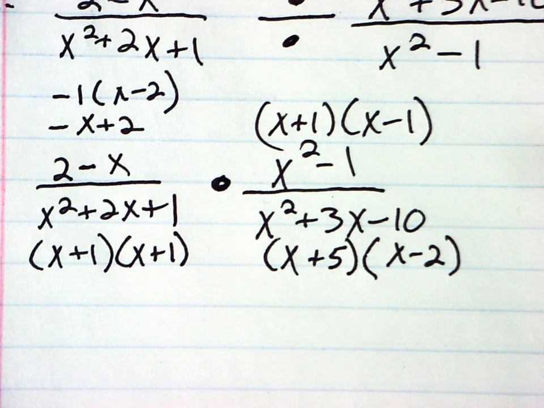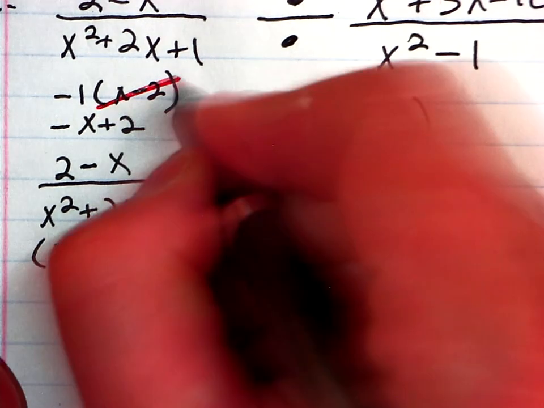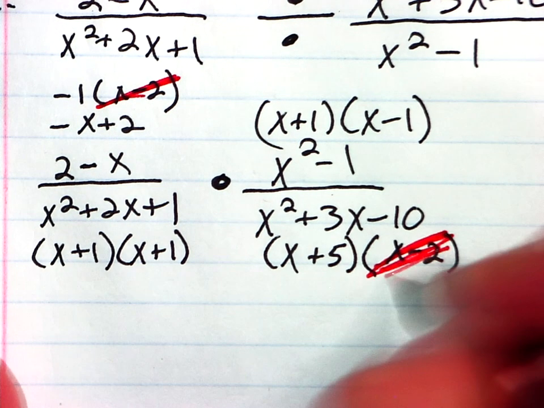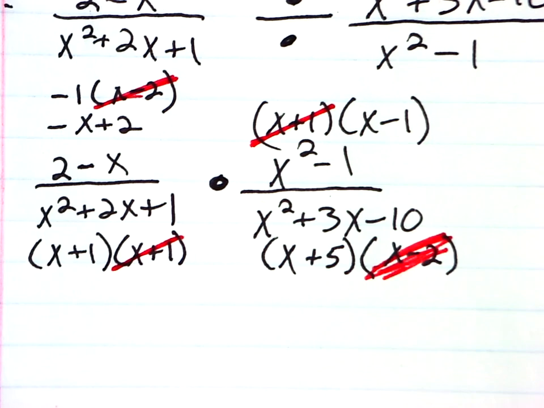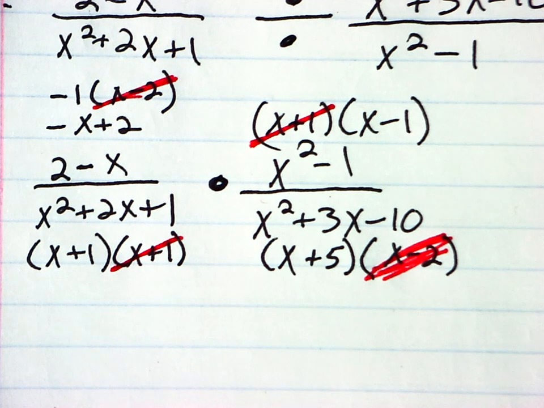All right, so now we're going to get rid of as much stuff as we can. We're going to pretend we're Jason at Crystal Lake. x minus 2, bye-bye. x plus 1, goodbye. Is there anything else we can get rid of? I don't think so.